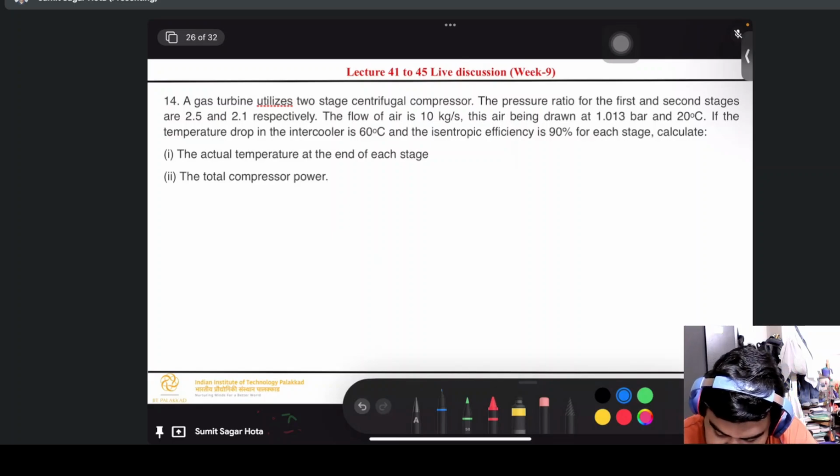Okay. So first we draw the cycle, then we'll start solving the problem.